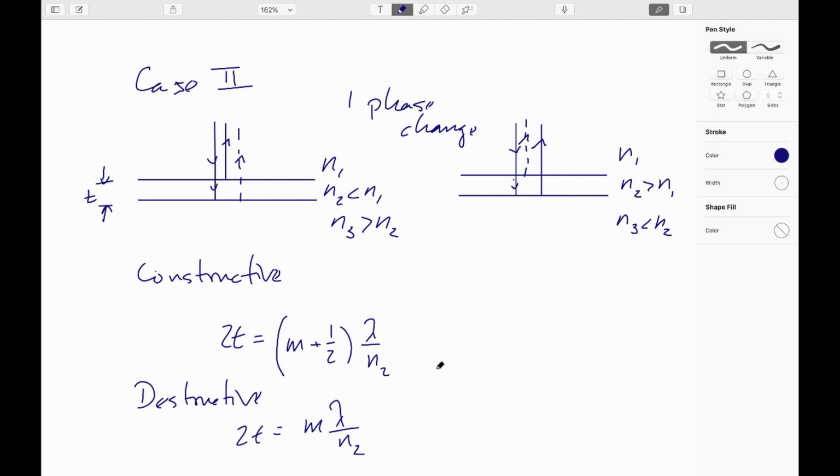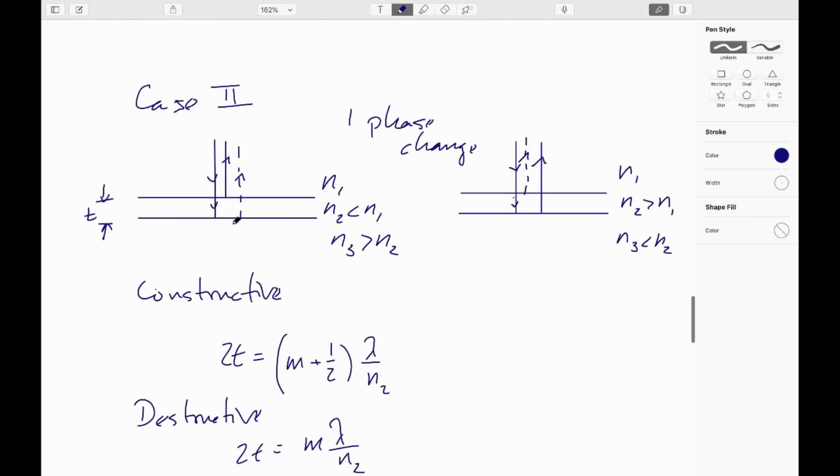And what's happening is when you look directly above it, you're getting some sort of constructive interference. When you start looking at it sideways, you'll select for a different wavelength because now the round trip distance will be at an angle, so there'll be extra distance covered in the thin film.